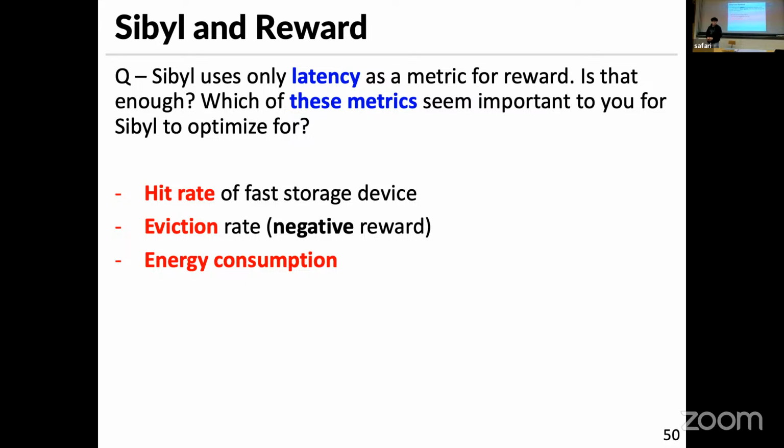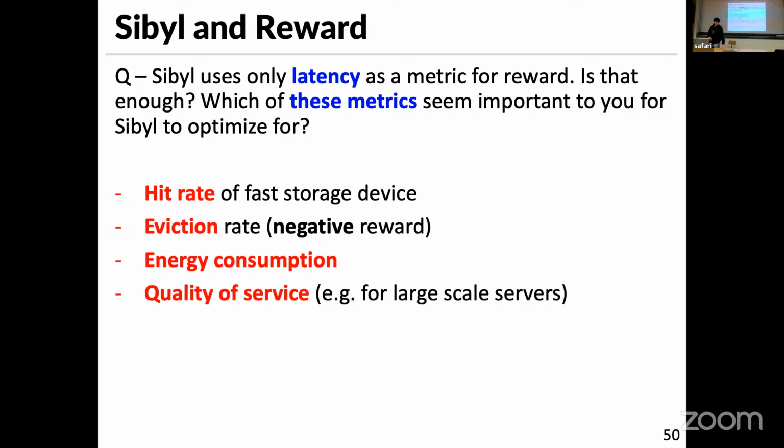There would be energy consumption, which you could optimize for, and quality of service. For instance, for large-scale servers where you have many users that access it, you want to give a minimum possible quality of service and a minimum possible latency, or maximum, let's say.